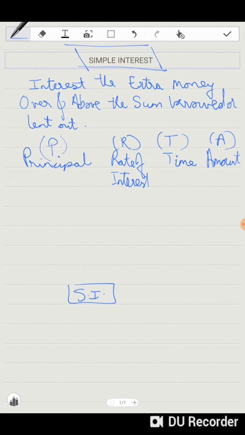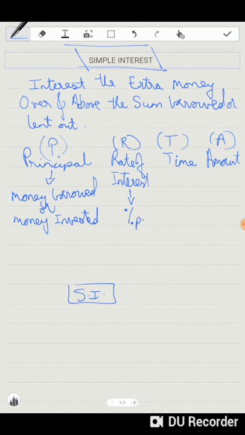So principal is nothing but the money borrowed or money invested. On money borrowed we pay interest, on money invested we earn interest. Correct? Rate of interest is a percentage per annum.